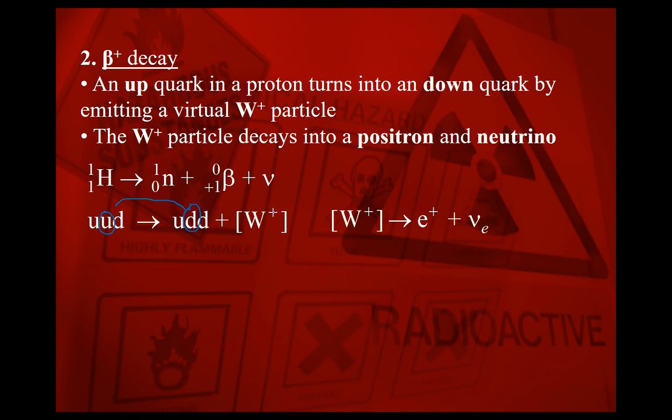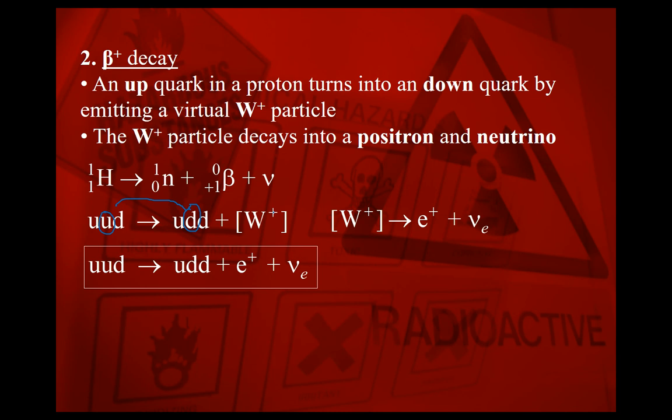So that's going to be a positron, e plus, and an electron neutrino. So if we write down the actual full quark configuration for beta plus decay, it would be UUD, which is a proton, turns into UDD, a neutron, and it is accompanied by two leptons, a positron and an electron neutrino, or you can just call it a neutrino.